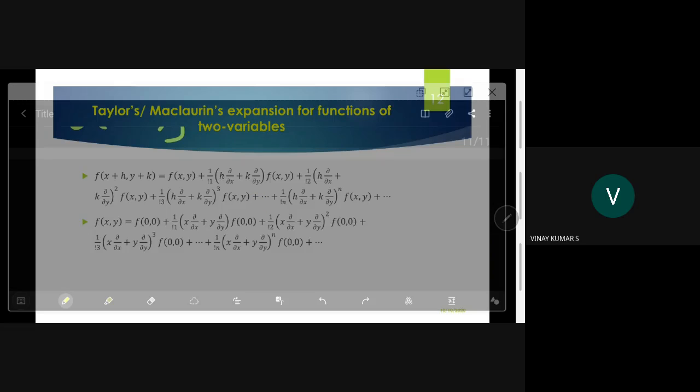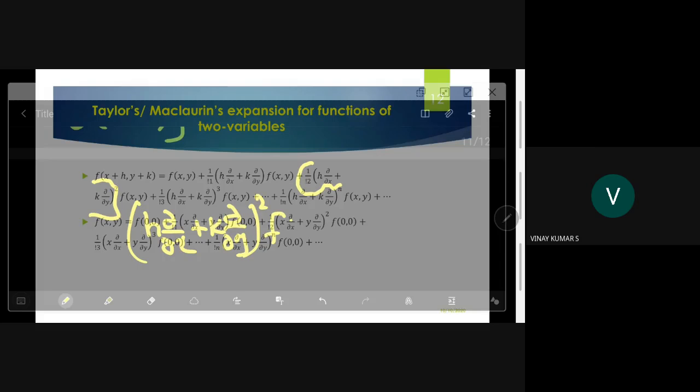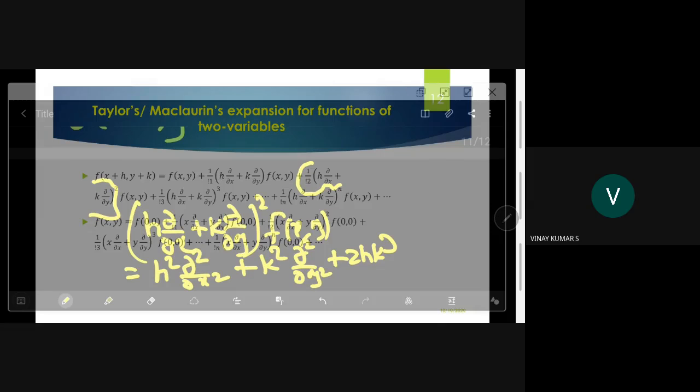Now look at this square part, starting from here, applied on f of xy. What is the meaning of that? So h dou by dou x plus k dou by dou y whole square applied on f of xy means, like a plus b whole square, you do h square into dou square by dou x square plus k square dou square by dou y square plus 2hk into dou square by dou x dou y.